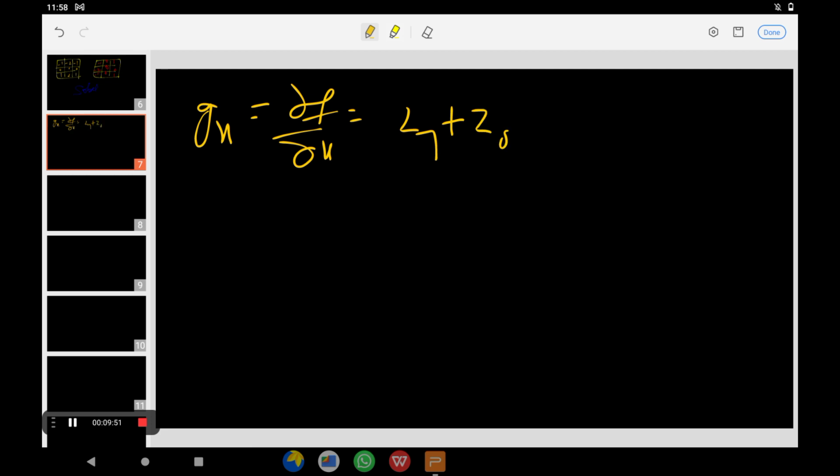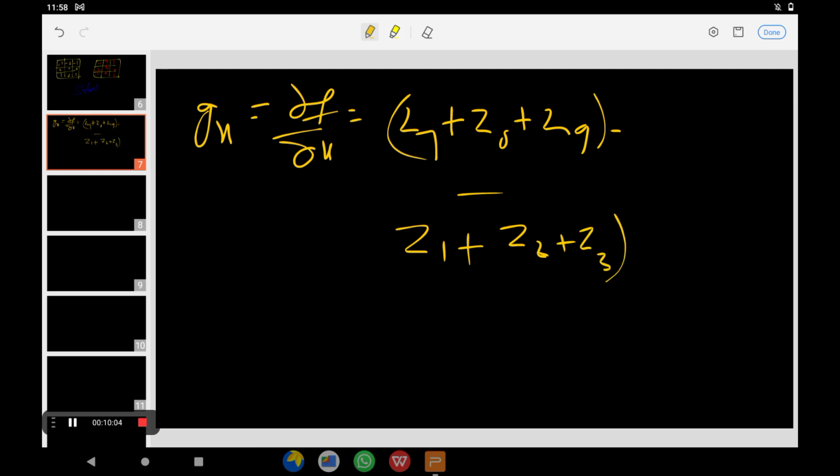For that purpose, I represent Gx equal to dou f by dou x, that is equal to Z7 plus Z8 plus Z9 minus Z1 plus Z2 plus Z3.